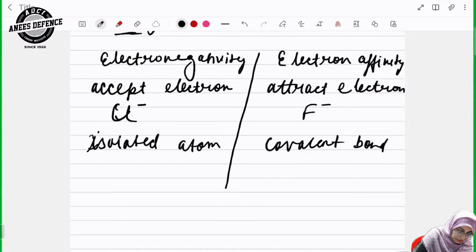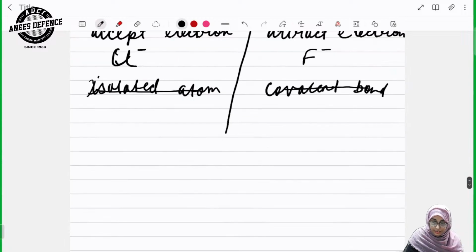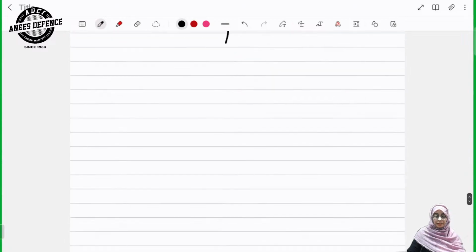No, it's just opposite. Electron affinity is seen in the isolated atom and electronegativity in the covalent bond. Now we will see the factors on electronegativity.